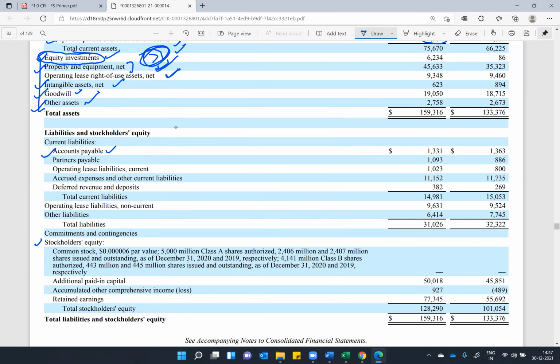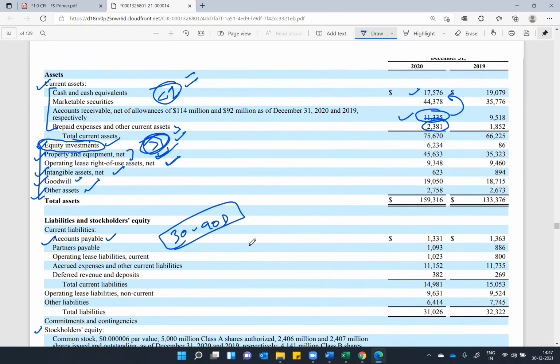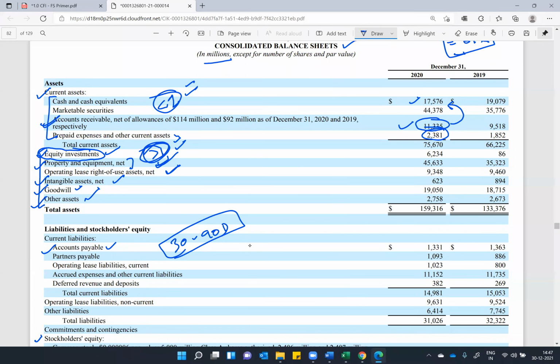You got some time, maybe 30 to 90 days, to pay back the money. So it is the inverse of accounts receivable. There you are giving time to your clients to pay; here you are getting time from your supplier to pay. This is the amount that you have to pay to your suppliers.